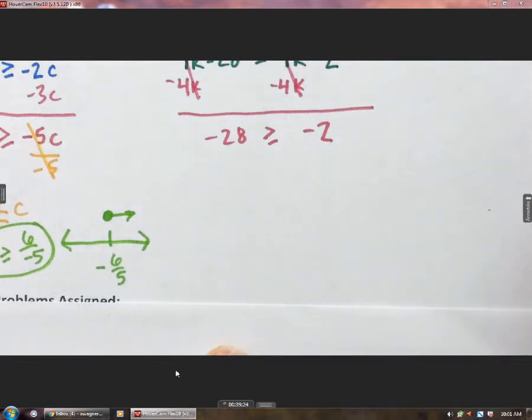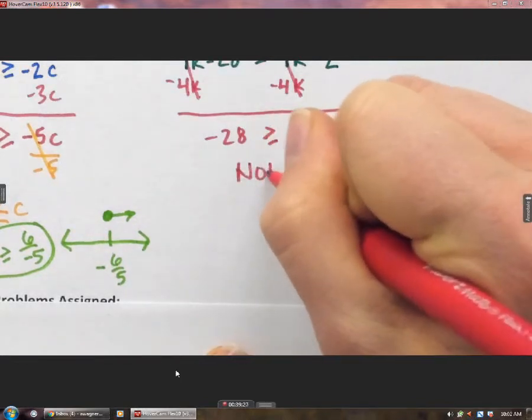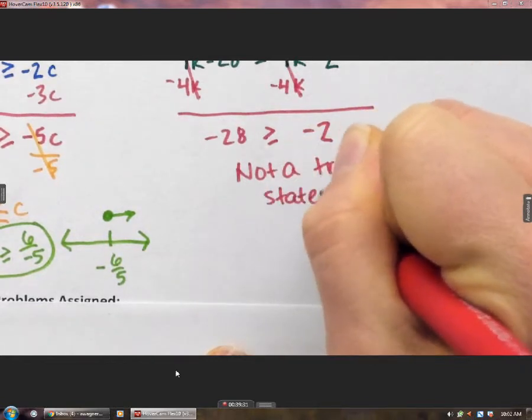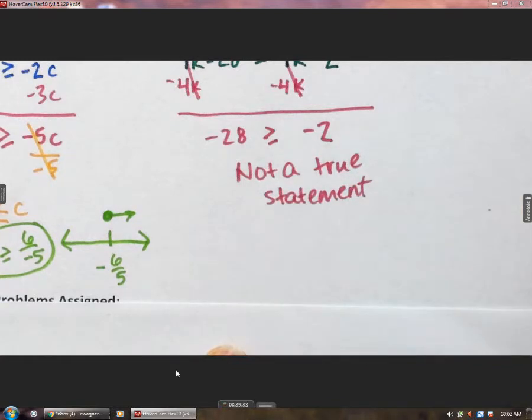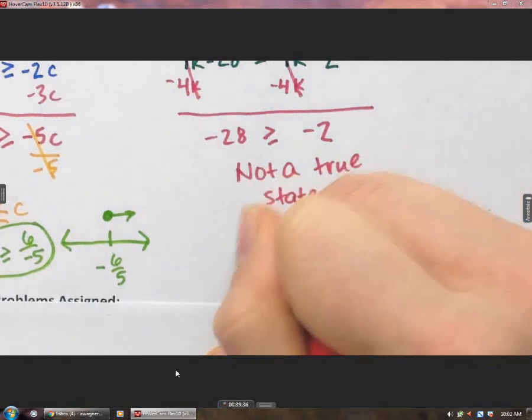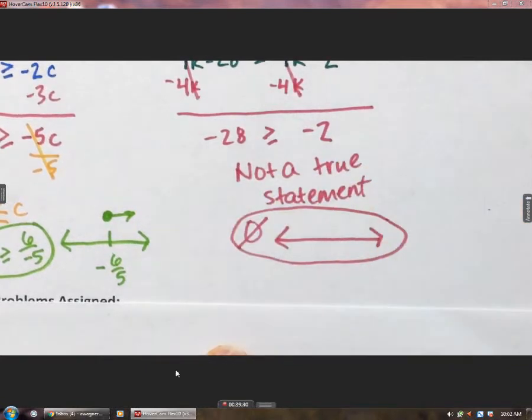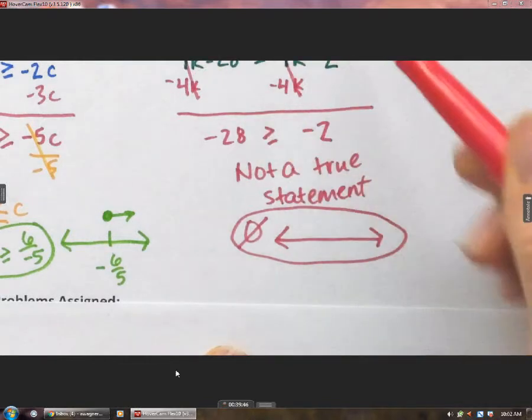So, when this happens, this is not a true statement. So what do we say this is? No solution, and to graph it, you just give me an empty number line with nothing on there. There is no number that will make this situation true.